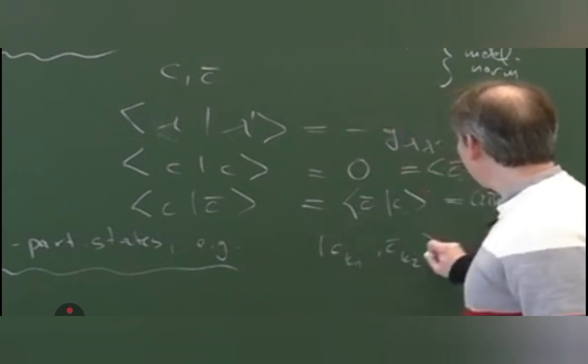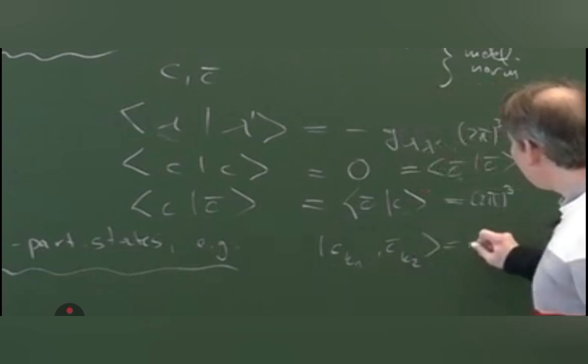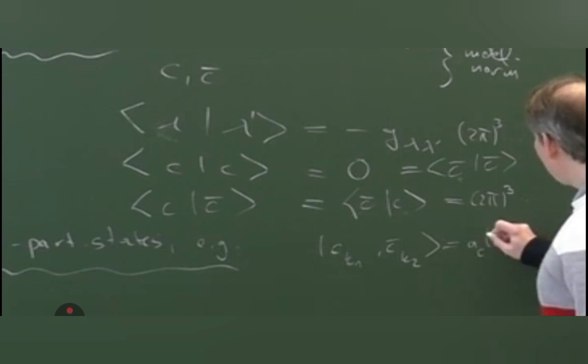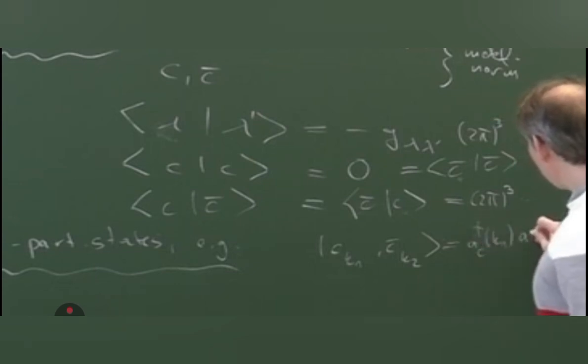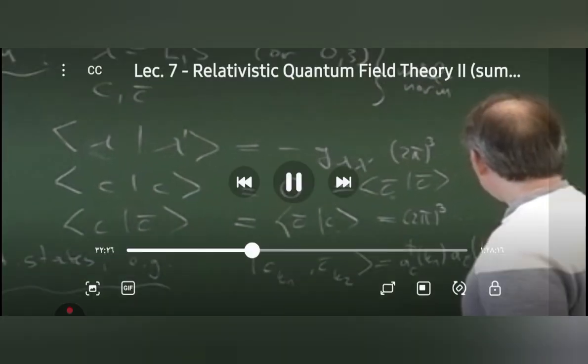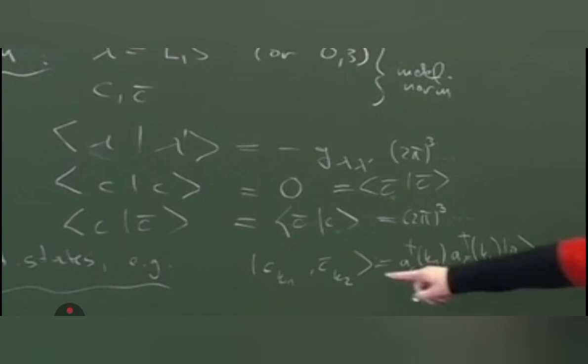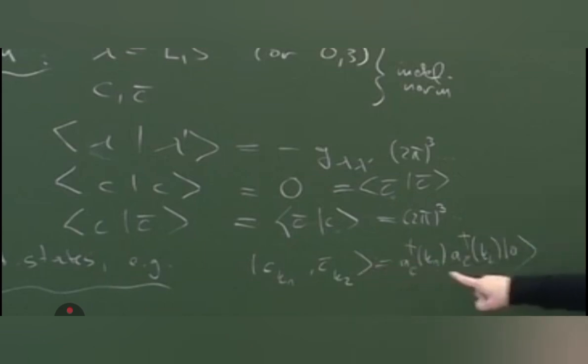That state would be defined by acting with a sub C with momentum K1 dagger and then a sub C bar with argument K2 dagger onto the vacuum. So it's a two-particle state in our Fock space, and these operators here, they anti-commute, so the order matters. The order matters in terms of minus signs.